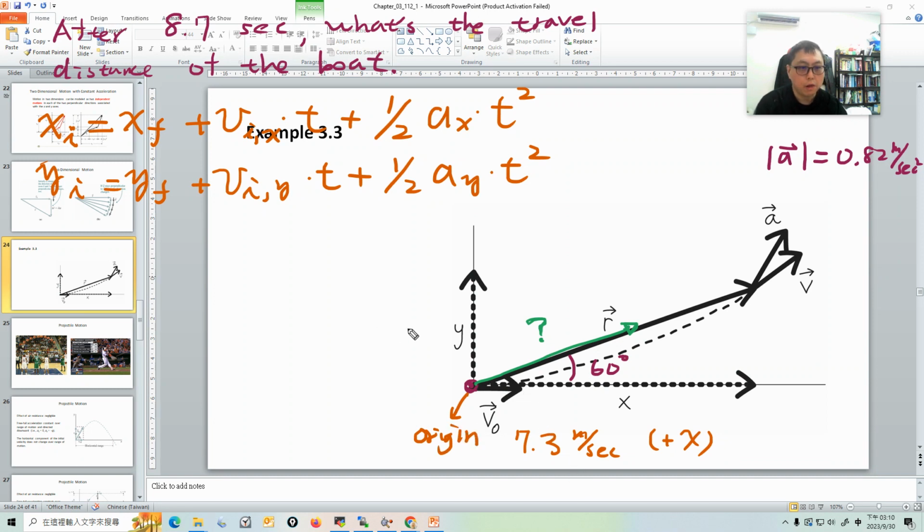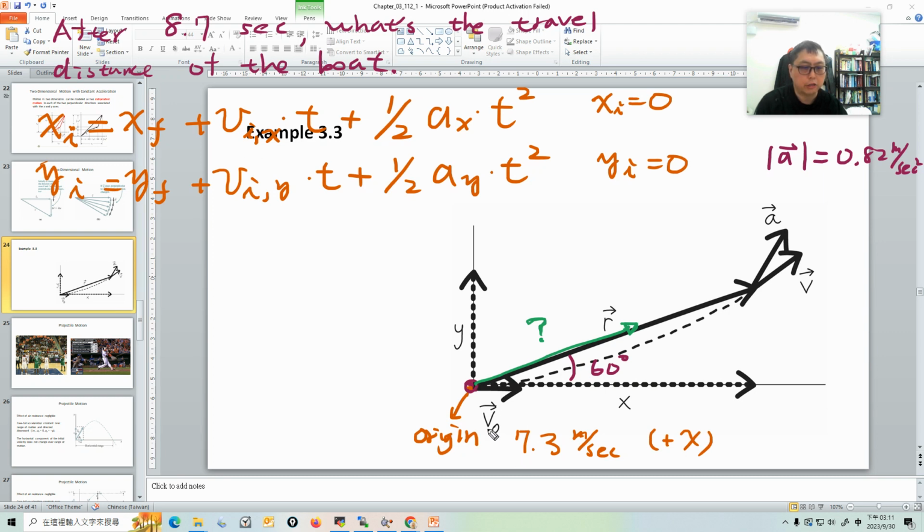So for this problem, the initial position is here. The initial position x and y components are both 0: xi equals 0 and yi equals 0. And what's the x component of the velocity at the initial state?